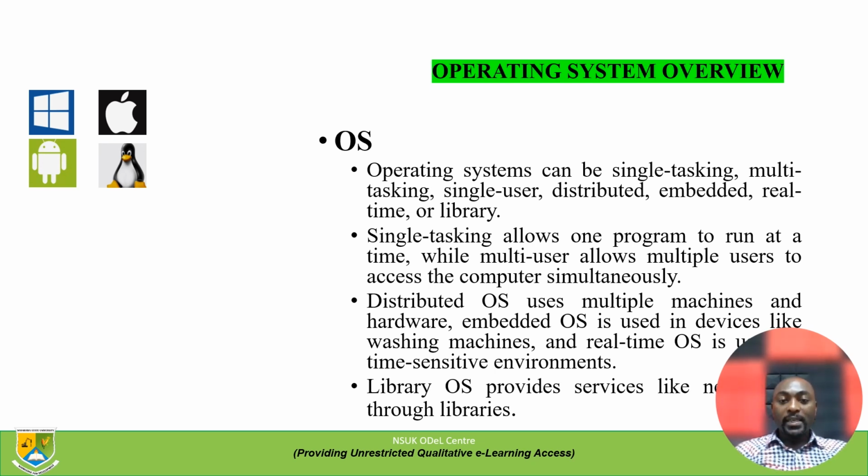Single tasking allows one program to run at a time, while multiple user allows multiple users to access the computer simultaneously. So distributed OS uses multiple machines and hardware. Embedded operating systems are used in devices like washing machines, refrigerators, microwave ovens, and several other gadgets. And the real-time OS is usually time sensitive, normally used in time sensitive environments.